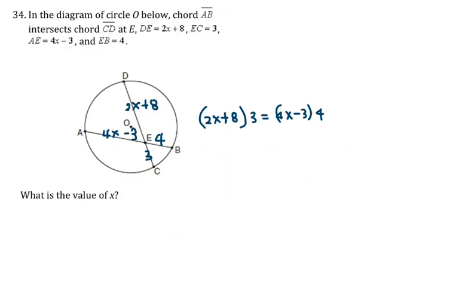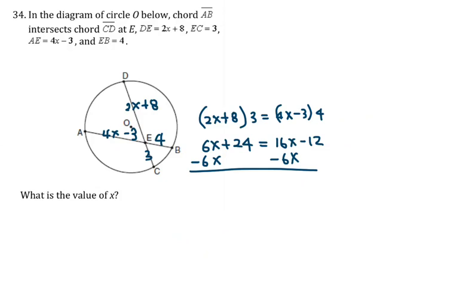Alright, then what do we end up getting? When you distribute 3, we get 6X plus 24 must be equal to 16X minus 12. So I'm going to subtract 6X from both sides. Then we get 24 is equal to 10X minus 12.